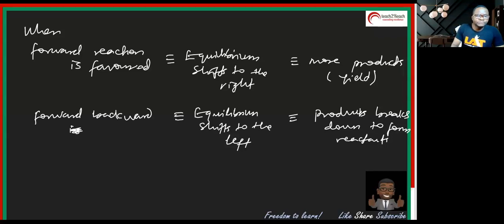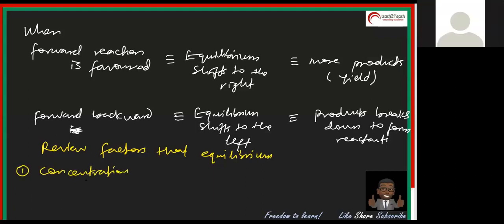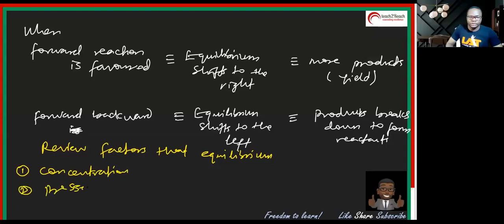Okay, now having established that, let's just review quickly the factors that affect the position of equilibrium. Number one, we have concentration. Two, pressure.